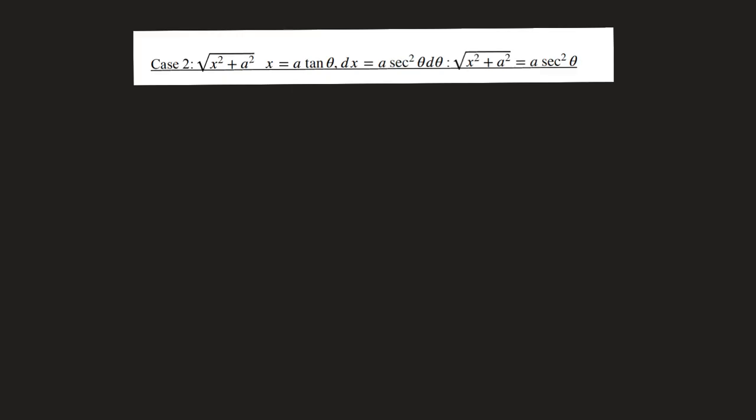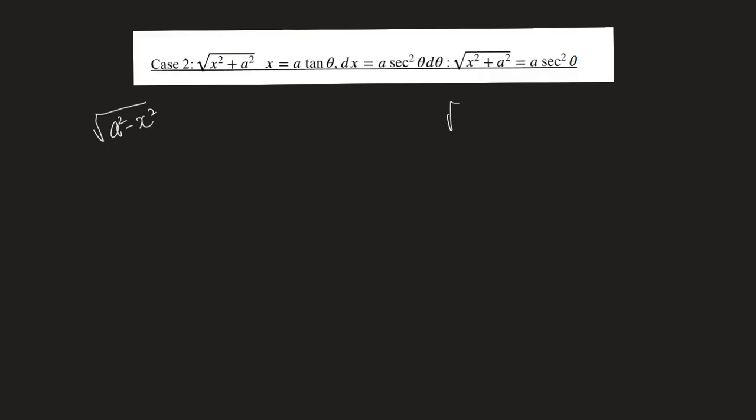Let's do case 2. Case 1 is what we did: the square root of a squared minus x squared. Case 2 is the x squared plus a squared form. In that case, we're going to use x equals a tangent theta, okay? So dx is going to be, the derivative of tangent is secant squared, a secant squared theta d theta.